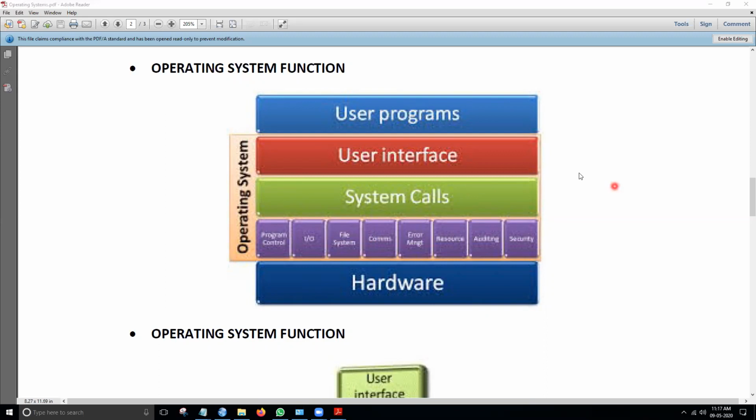So the user level and the kernel level have to interact. That's why there are some functional activities in this case. Here you can see program control, input, output, file system, communication, error management, resource, applications, security. All these things are functions of the operating system.